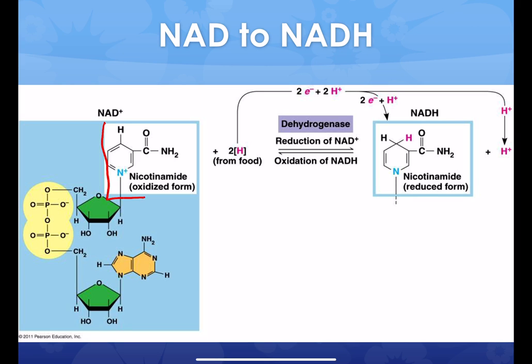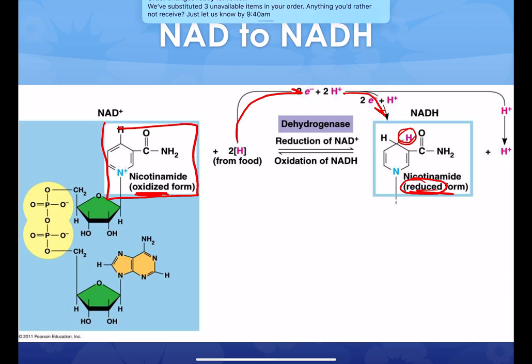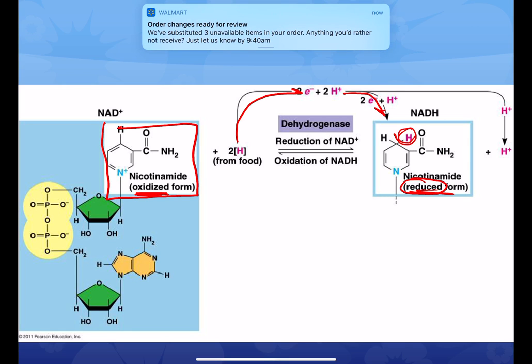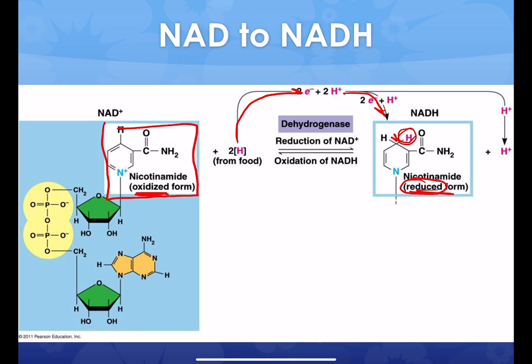This is just an image. Here's our NAD molecule, okay? This is the oxidized form, meaning it's lost electrons. This is the reduced form. So after it gains these electrons, it also gains a hydrogen, and it becomes reduced. See, there's that extra hydrogen that it gained. And those electrons right here made that bond that allowed that hydrogen to be stuck on there.